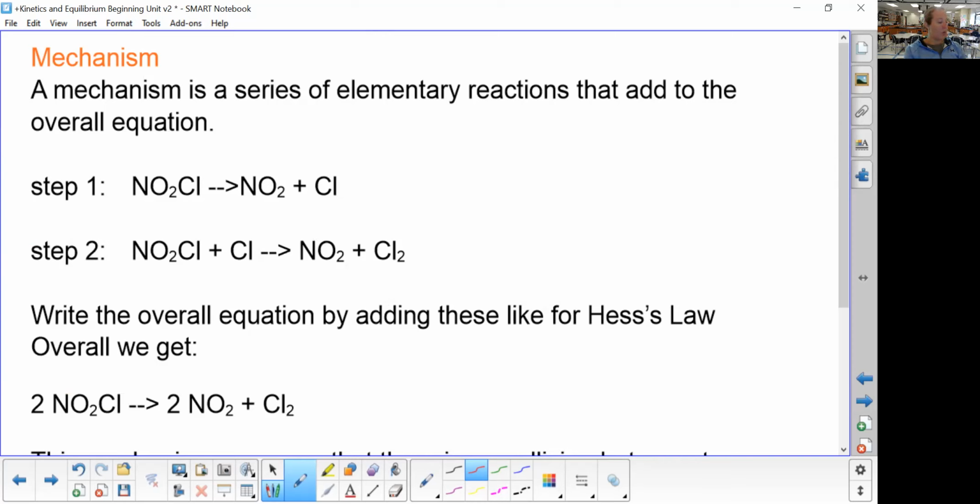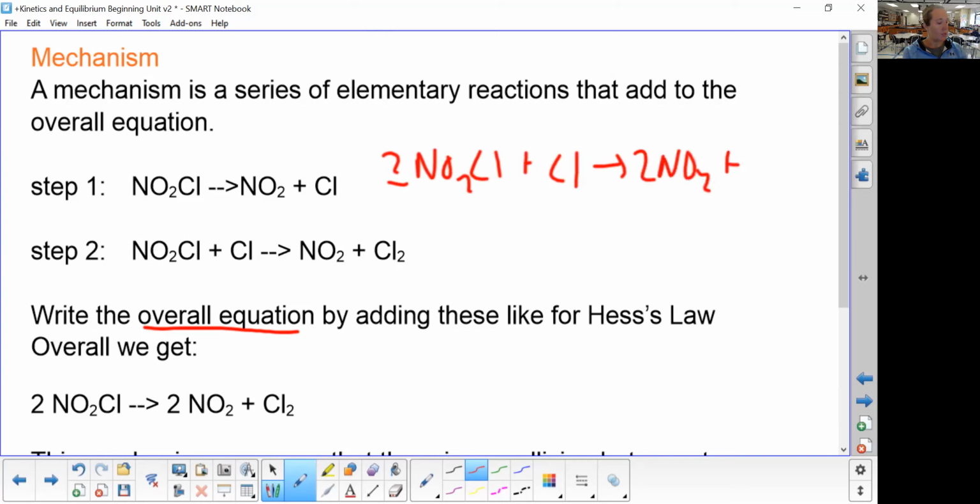If we write the overall equation, we can add them up just like we did with Hess's law. We've got 2 NO2Cl molecules plus chlorine on the reactant side, and on the product side, we have 2 NO2s, a Cl, and a Cl2.